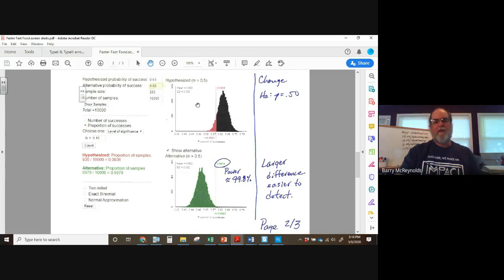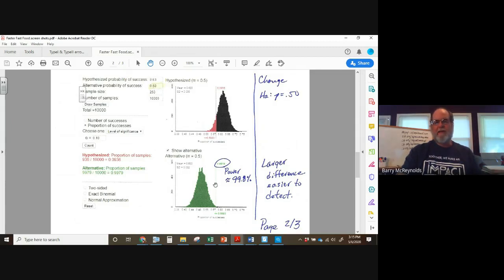One last scenario we looked at was, what if we kept everything the same? The null hypothesis was the same, 250 sample size, 10% significance level, but we said the alternate was 0.50. In other words, the true value of the new population is farther from the null hypothesis.